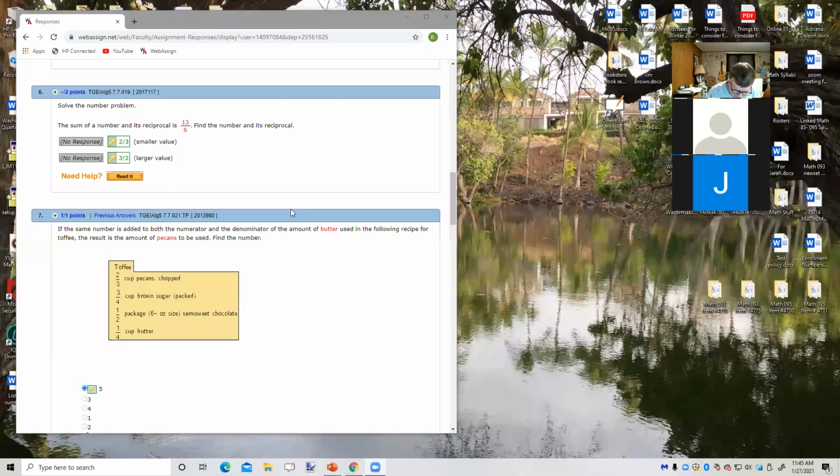So we're looking at problem number 6, and this is from 7.7, okay? The sum of a number and its reciprocal is 13/6. Find the number and its reciprocal. So let's go back to the other screen.